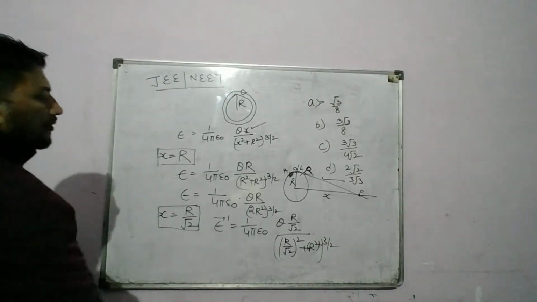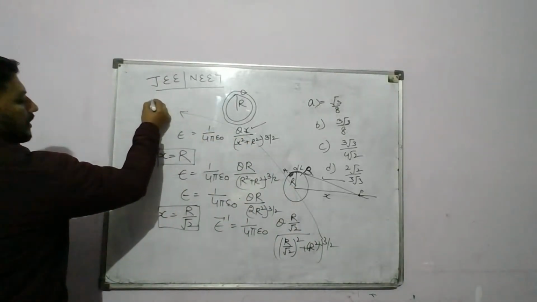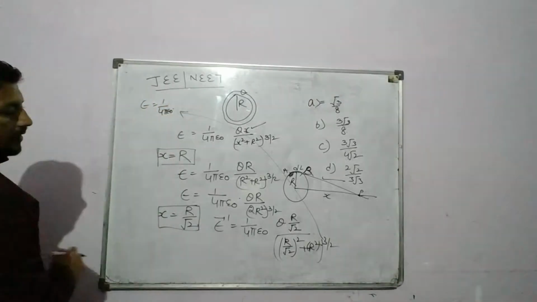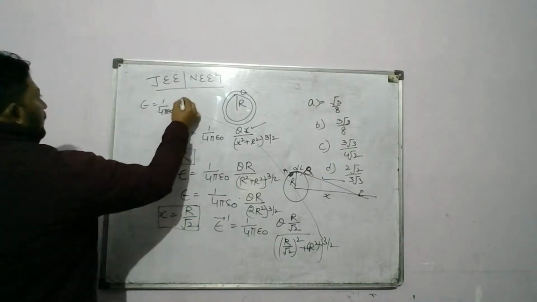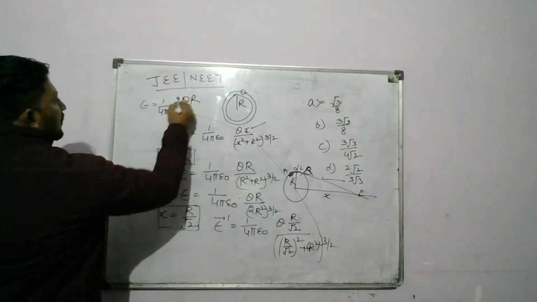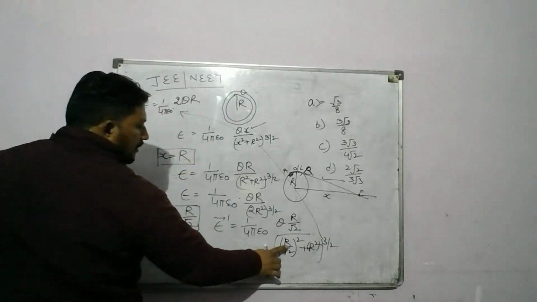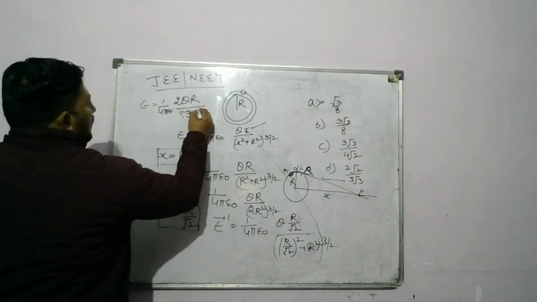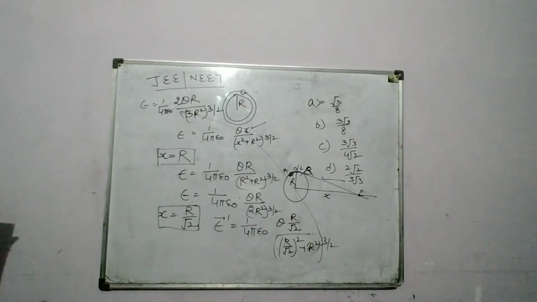So this will be equal to, move on this point, E is equal to 1 upon 4 pi epsilon 0 and r square under root 2 r square, it means it is equal to 2qr divided by 3r square raised to power 3 by 2. This is the second case.